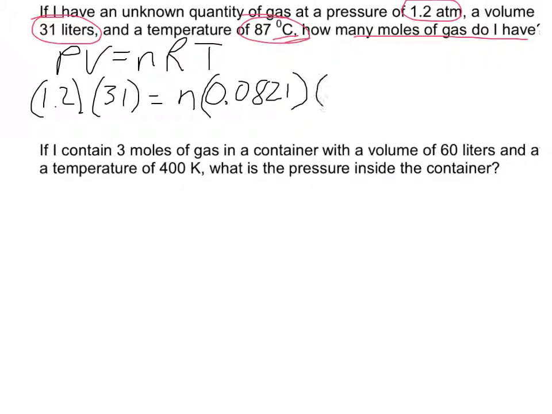And the temperature? Be careful. We return to Kelvin, right? We have to change 87 into Kelvin, so we take 87 plus 273. And what do you get? 360 Kelvin.